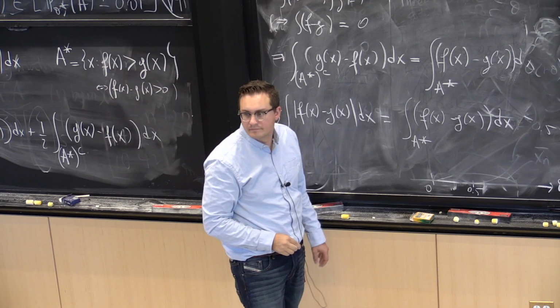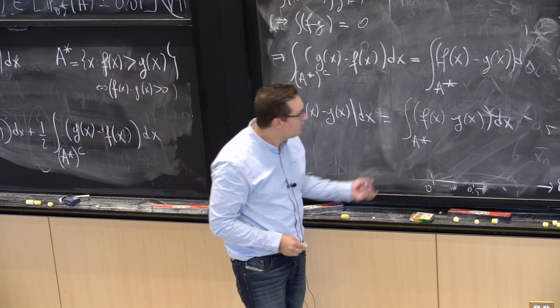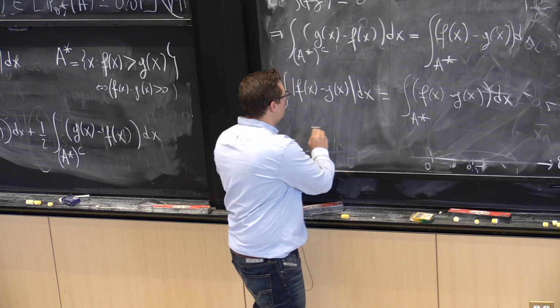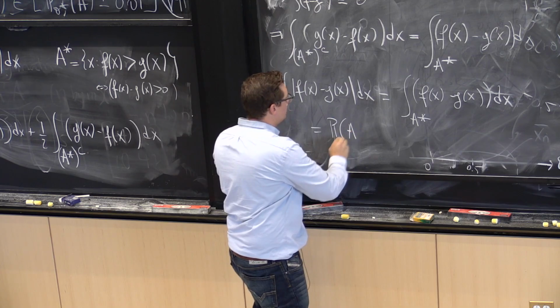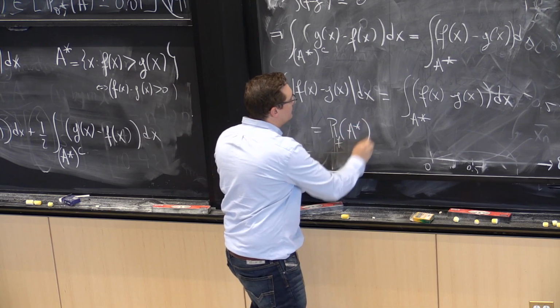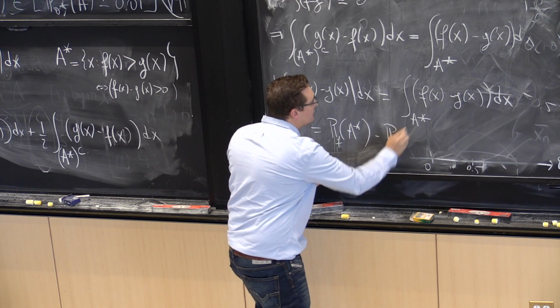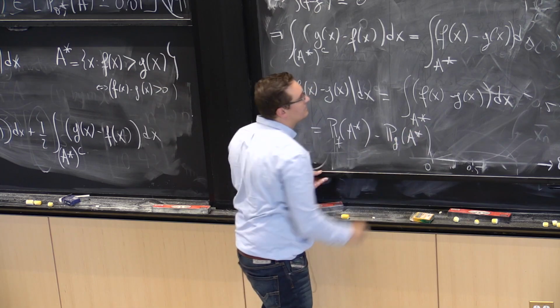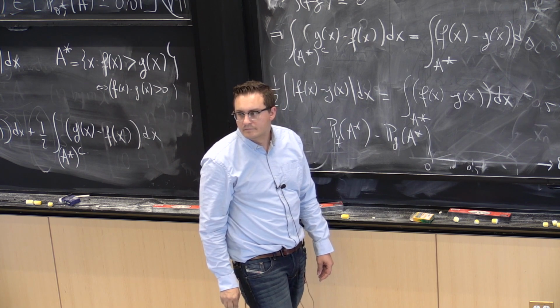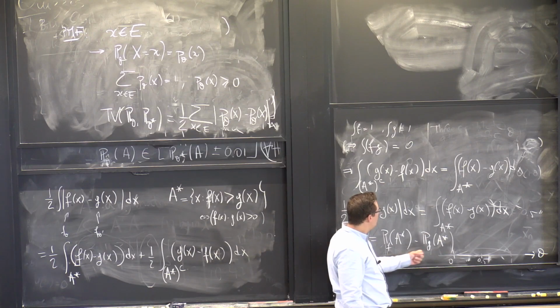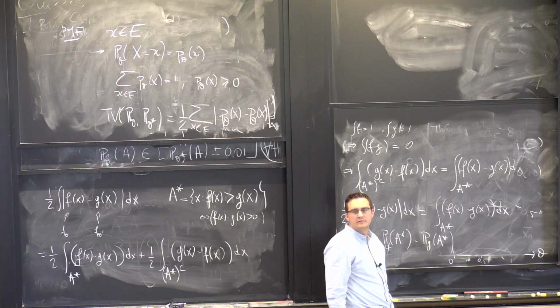Okay? And this is simply equal to P of A star, so say P_f of A star minus P_g of A star. Okay? Which one is larger than the other one?